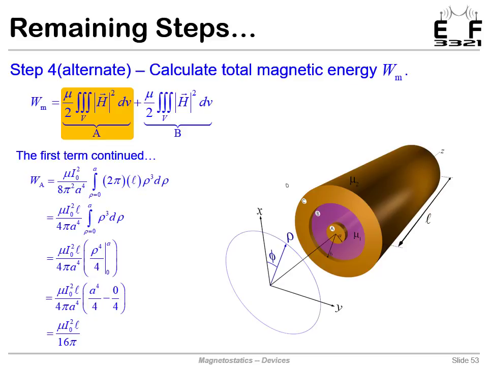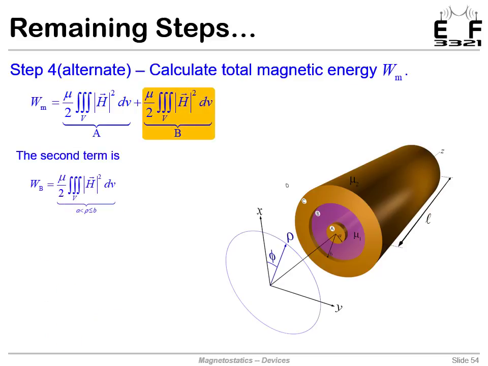Now we're ready to move on to the outer conductor, which is a very similar derivation. So on to the second term. Now we're integrating from A to B, just in this space between the inner and outer conductor. Well, we have the expression we got for the magnetic field in that space between conductors.